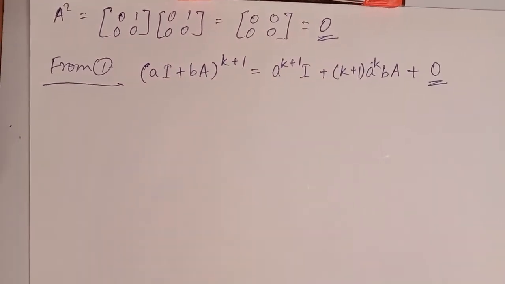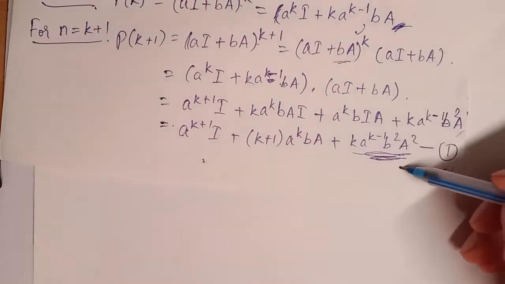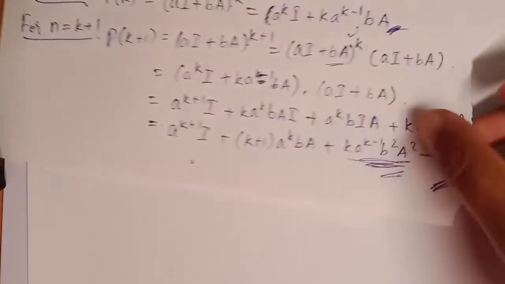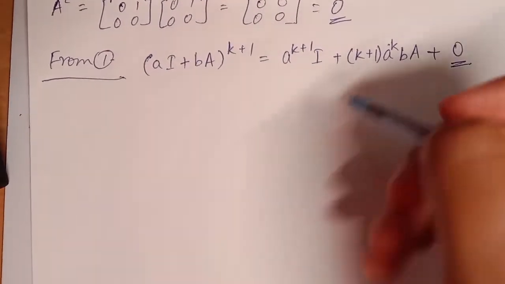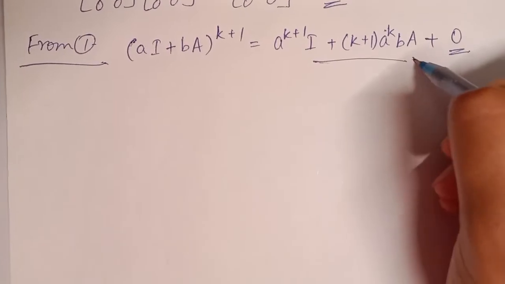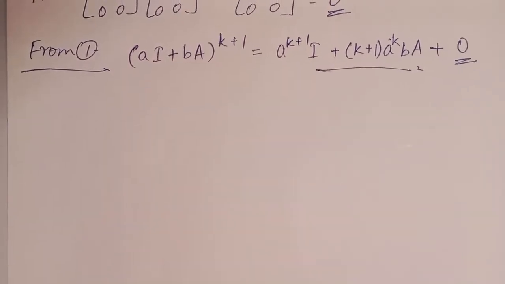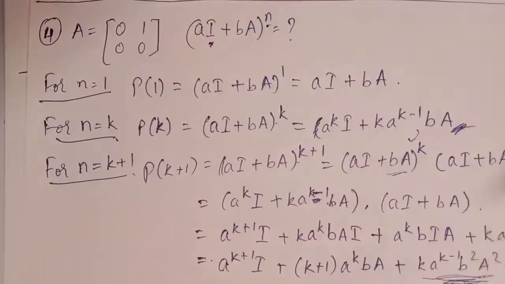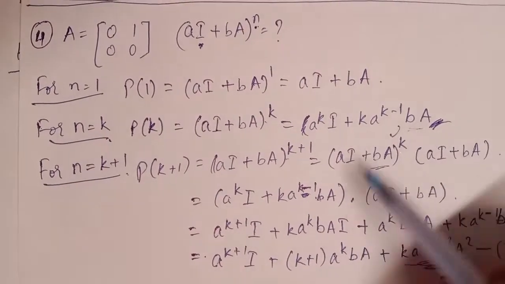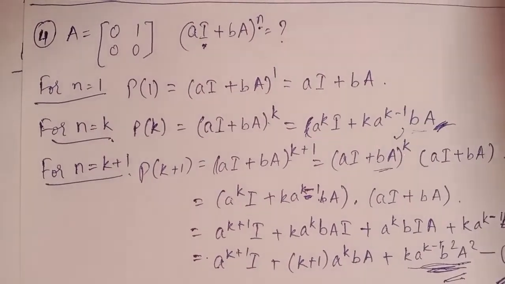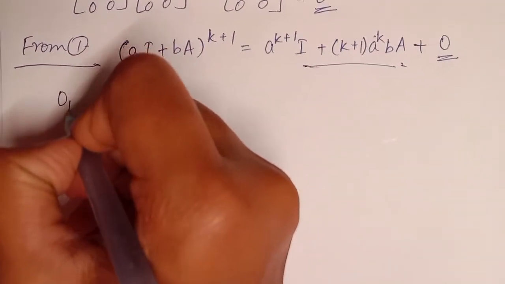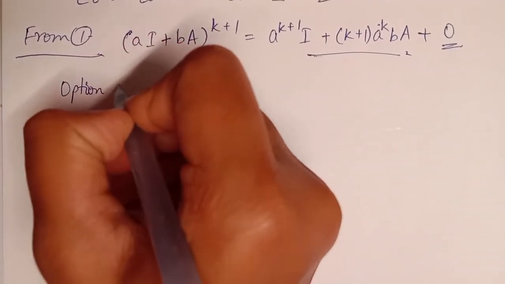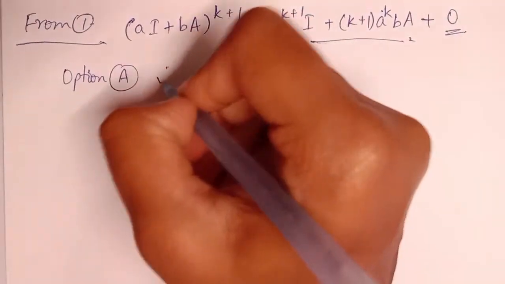This whole thing becomes 0 because anything multiplied to a null matrix becomes 0. So this is now equal to the previous thing, so these all are now equal. So from this we get that option A is correct.